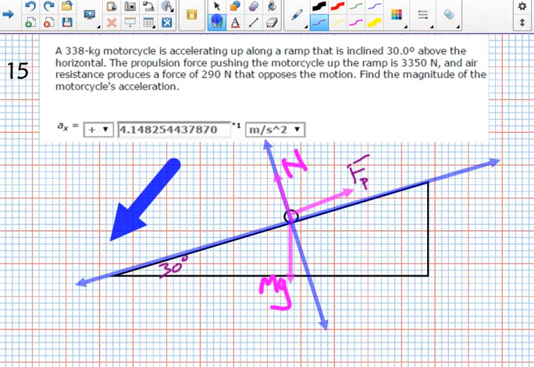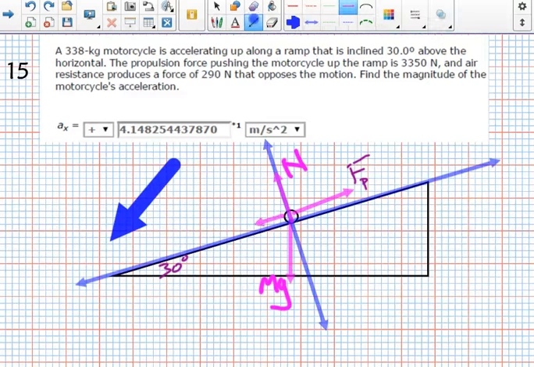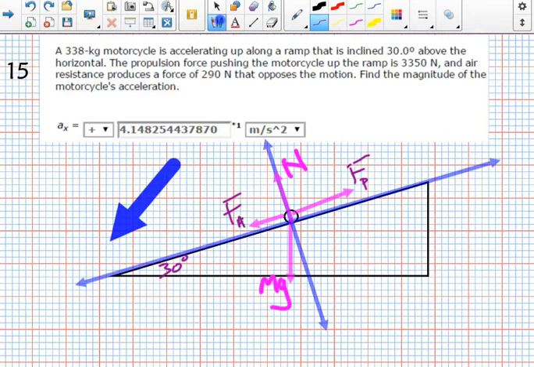And air resistance produces a force that is opposing that motion. The magnitude doesn't matter, but we'll call it force of air resistance. This force doesn't look horizontal enough for me, so I'm fixing that. So this is my free body diagram.